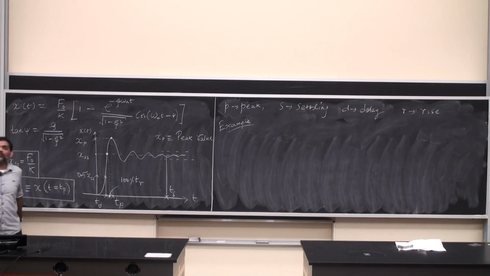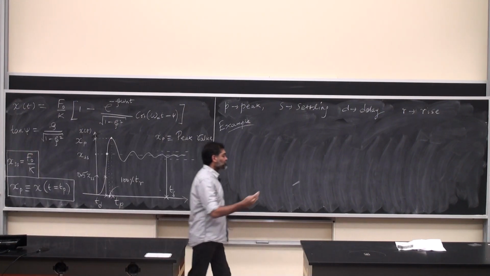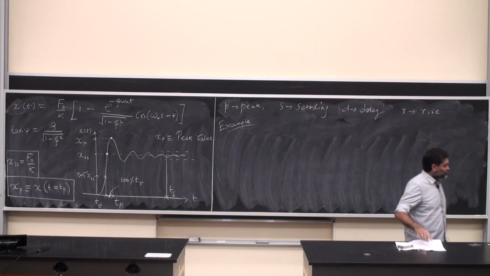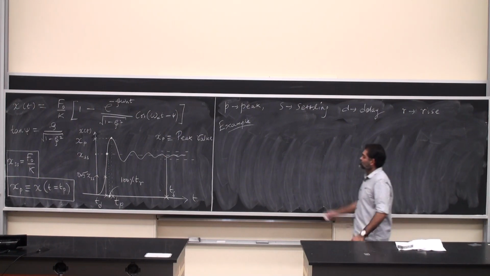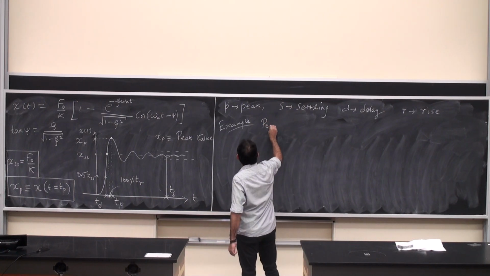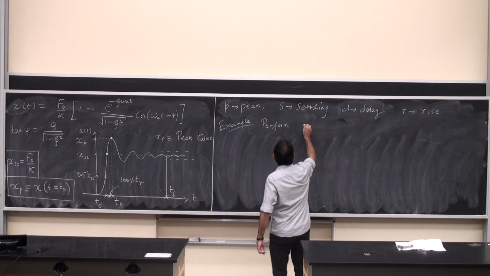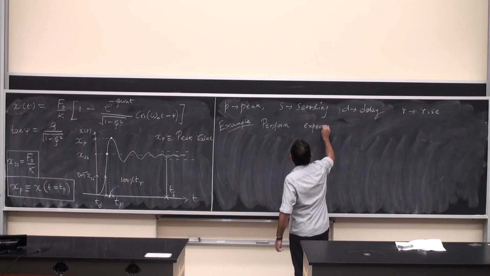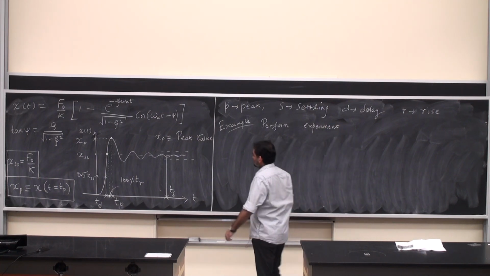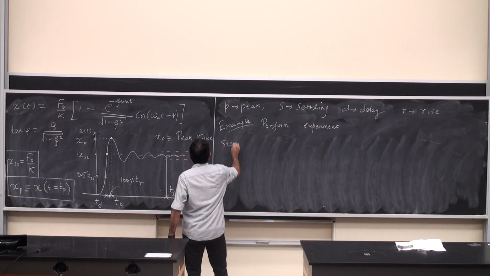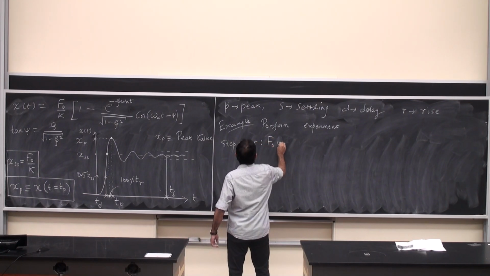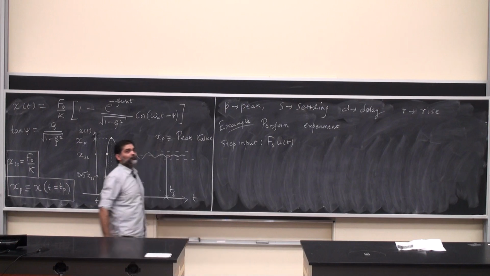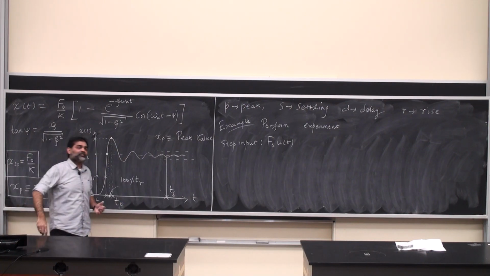Let's say that you perform an experiment. From the experimental data, here is the plot you get. The step input to the system is f naught u of t, and f naught, let's say, has a value of 6 kilonewtons.